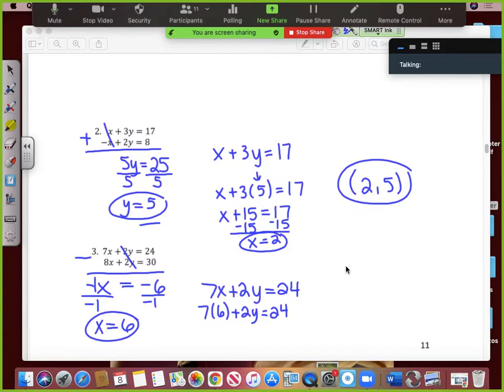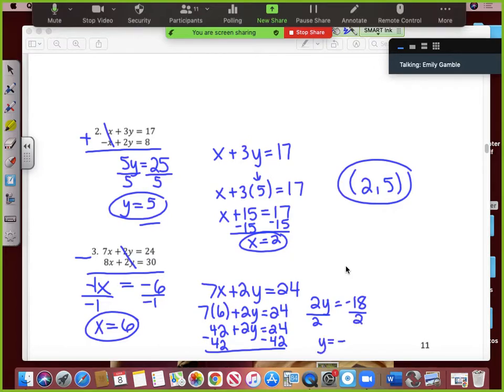I'll give you a minute to solve it. We would subtract both sides by 42. And we get 2y is equal to negative 18. Divide both sides by 2.